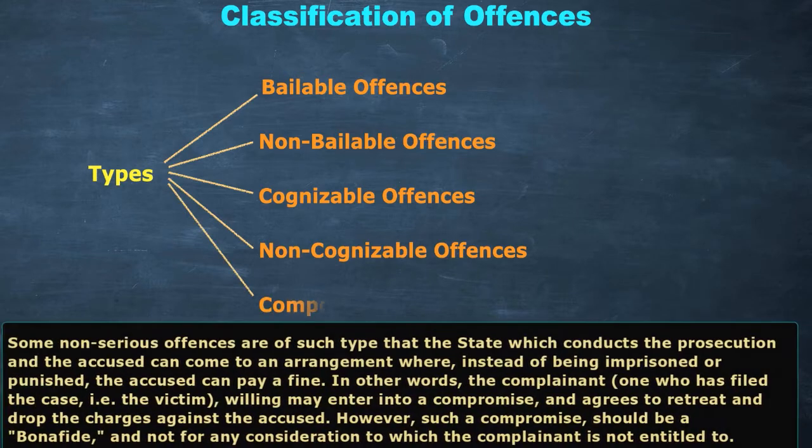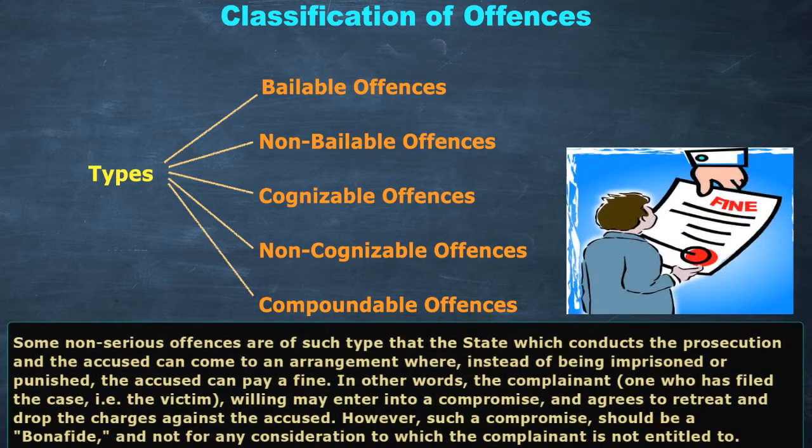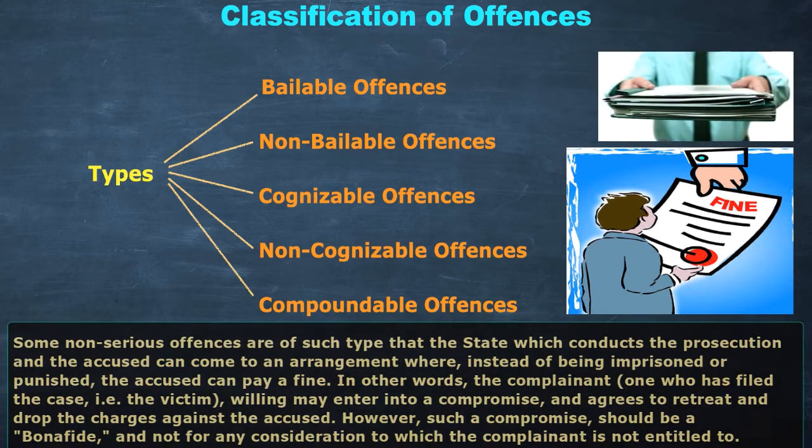Next one is compoundable offenses. For some non-serious offenses, the state which conducts the prosecution and the accused can come to an arrangement where, instead of being imprisoned or punished, the accused can pay a fine. In other words, the complainant, the one who has filed the case, that is the victim basically, may willingly enter into a compromise and agree to retreat and drop the charges against the accused.